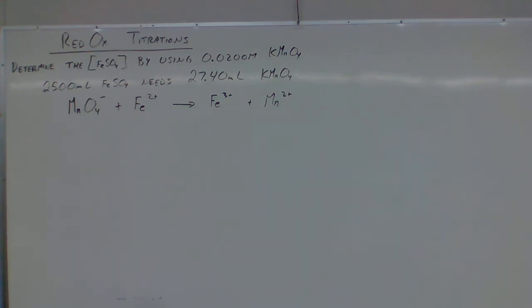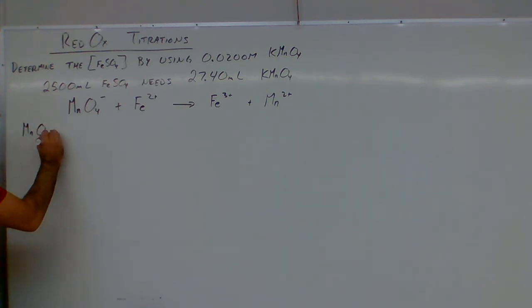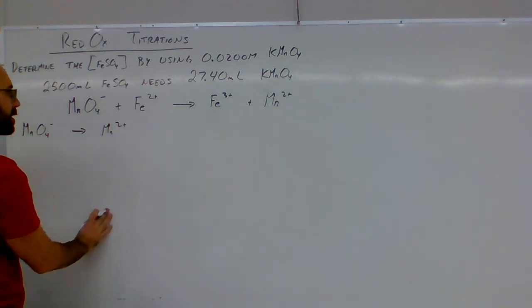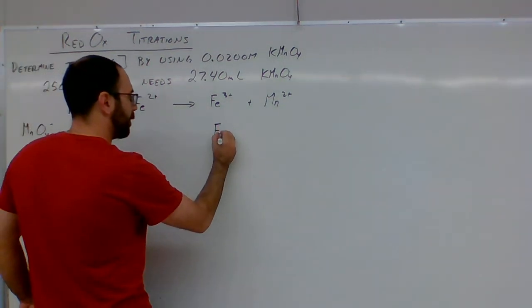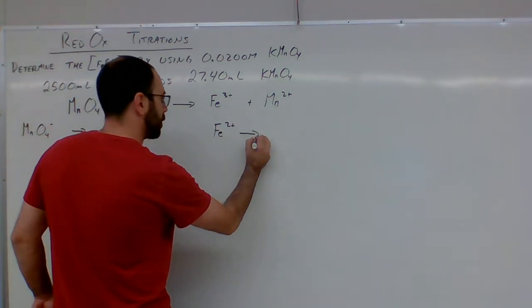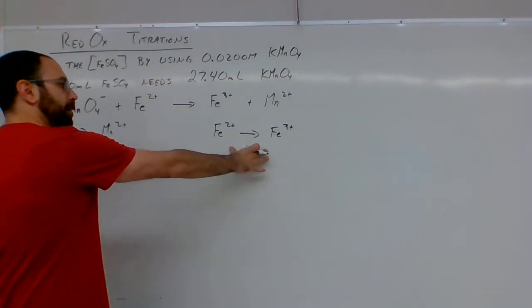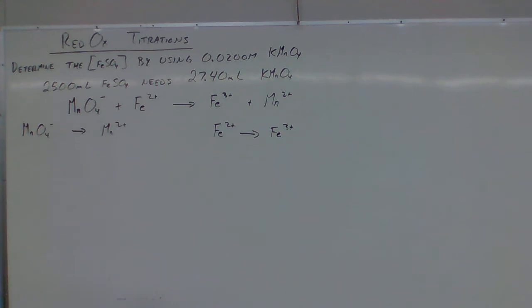So I'm going to solve this using our two half-reaction method. I have MnO4 minus going to Mn2 plus, and I have my Fe2 plus going to Fe3 plus. This reaction is nice and easy. In fact, it's on our data table at the back of the textbook.